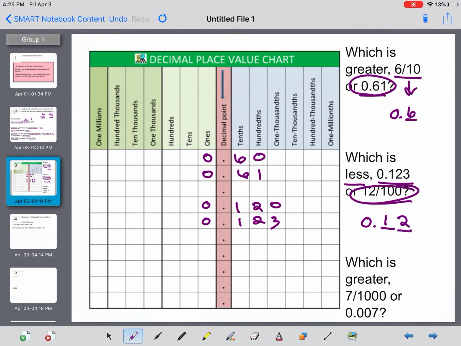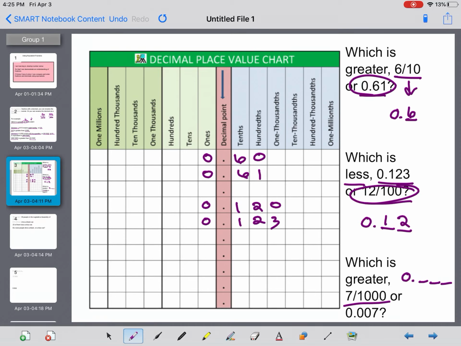Okay, last one, which is greater, 7 over 1,000 or 7 thousandths. So I'm going to convert my fraction into a decimal. I know I have three place values after the decimal because I've got 1,000 there, which shows me I should have a 1,000th place value.